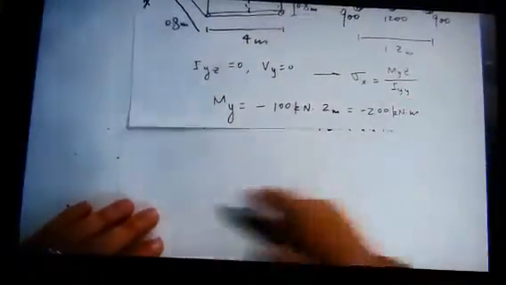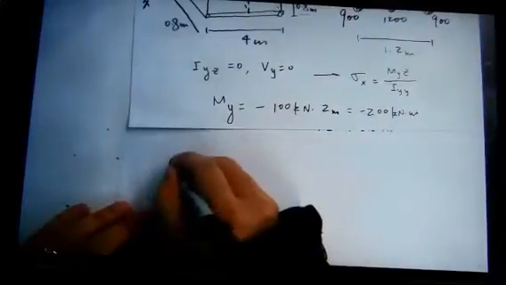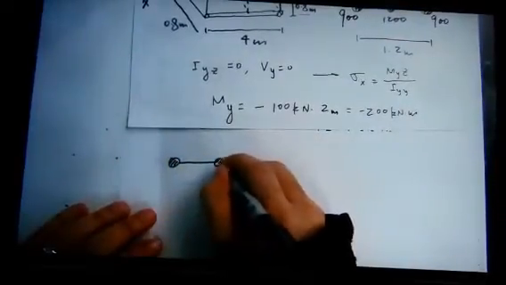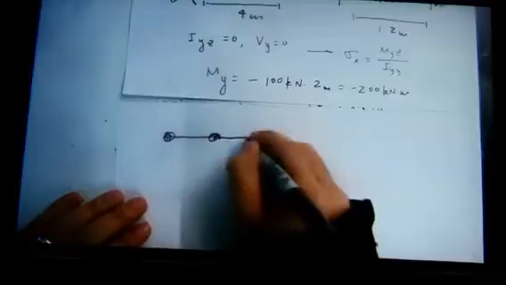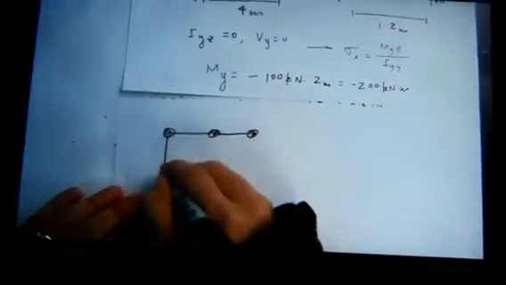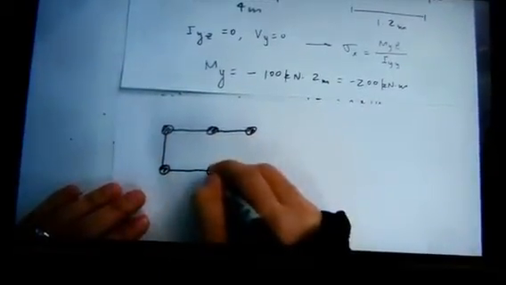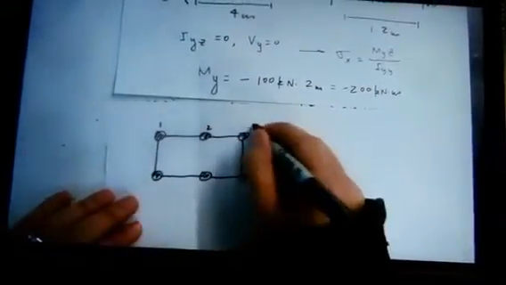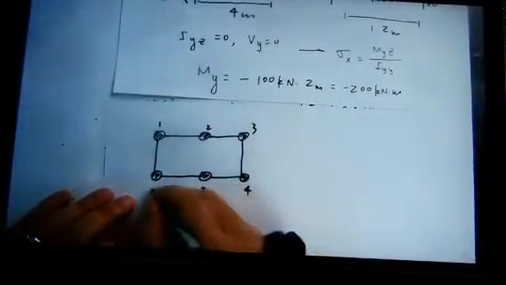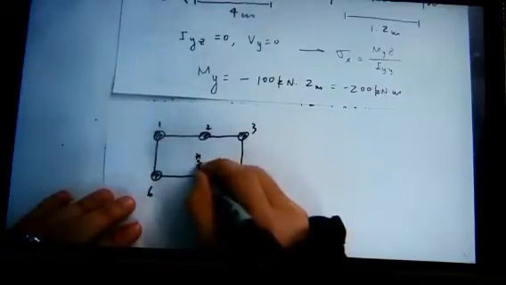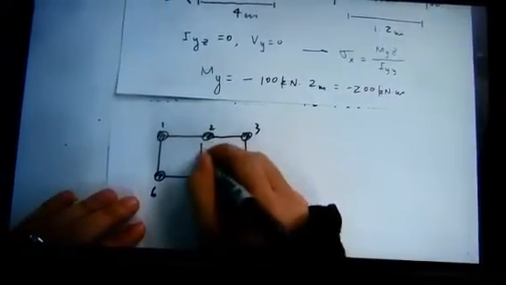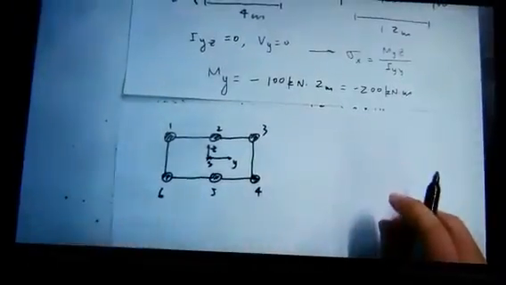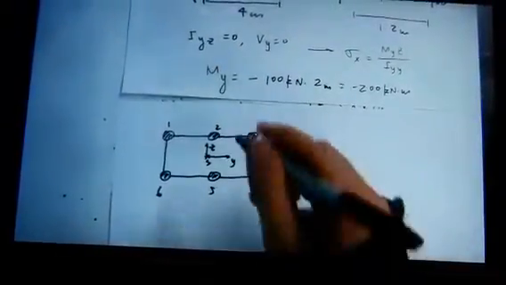And then what is the shear force? What is the shear stress? So shear stress: 1, 2, 3, 4, 5, 6, S, Y, Z. What is the shear flow in the skin?